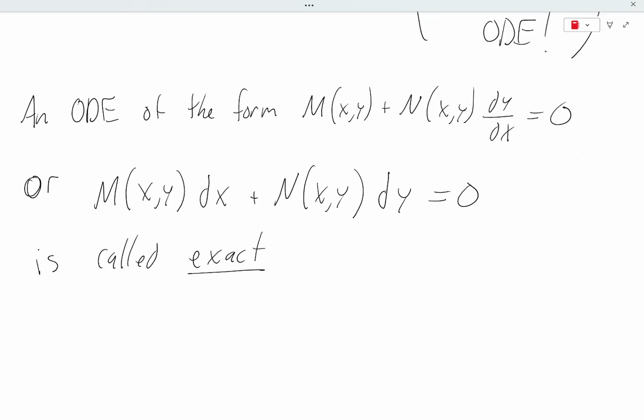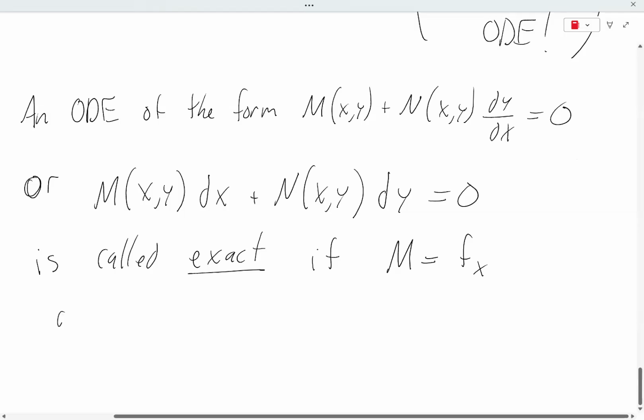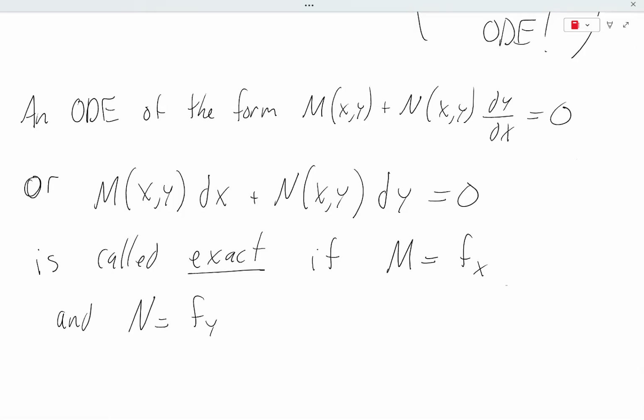It's called exact if M is equal to f sub x, the partial with respect to x. It's a big if, but if M happens to be equal to this, and N is equal to the partial with respect to y, for some f of x y.